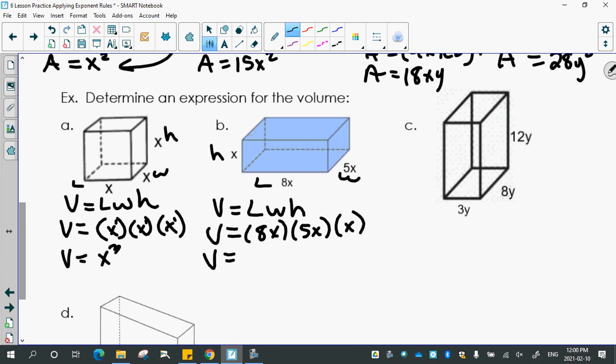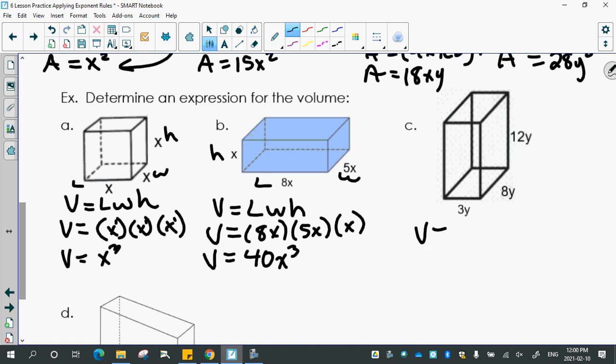Anyone think they got B? Austin? So, B, yep. 40x cubed, very good. How many people got 40x cubed? Okay, excellent.